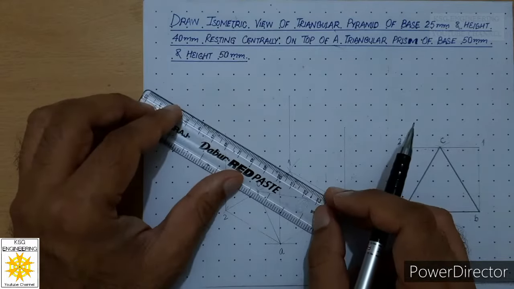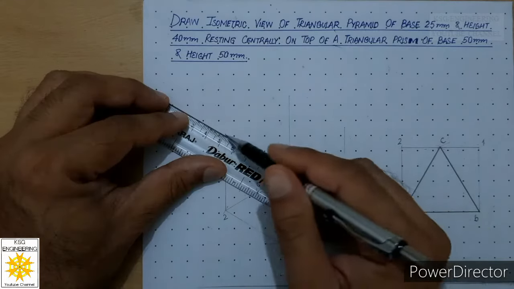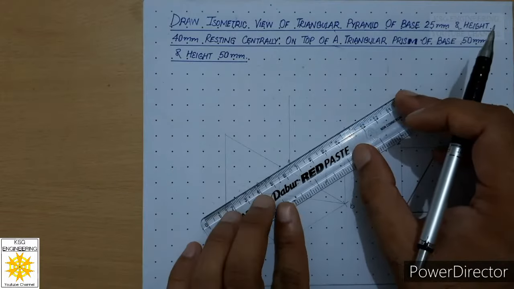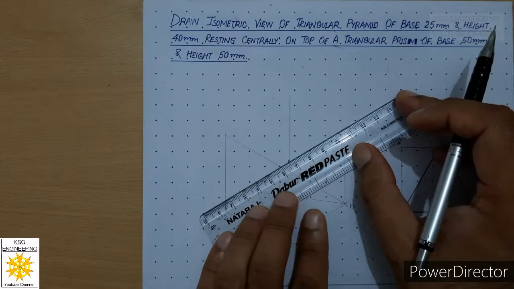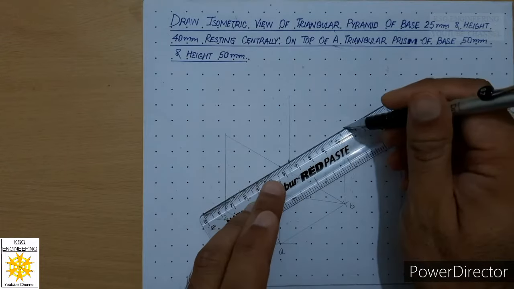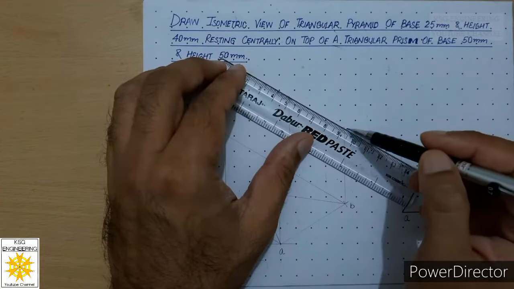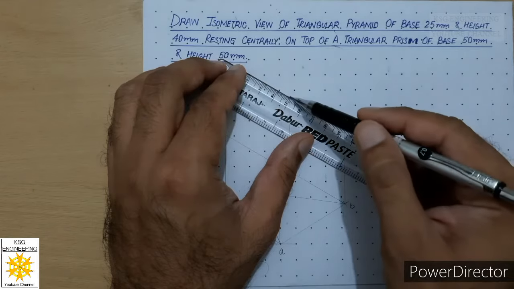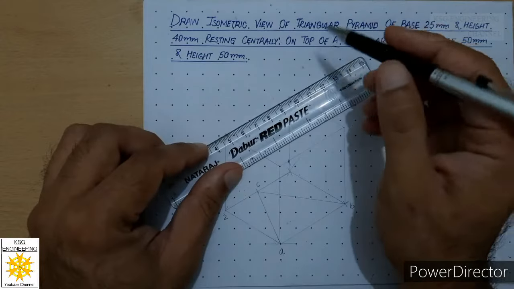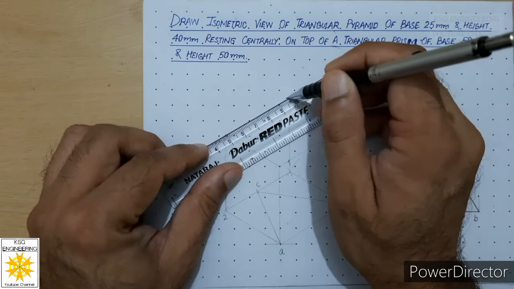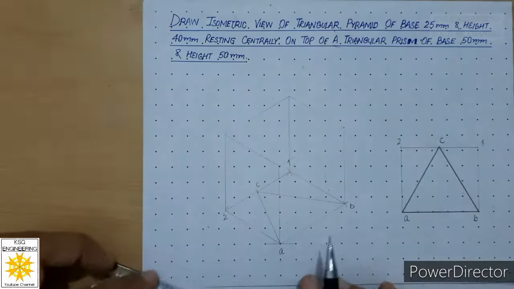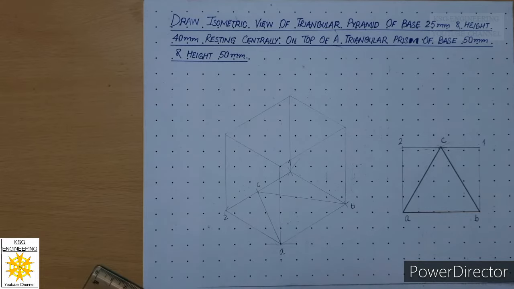Now we will join these points at the top. Now we are ready with the isometric of the box.